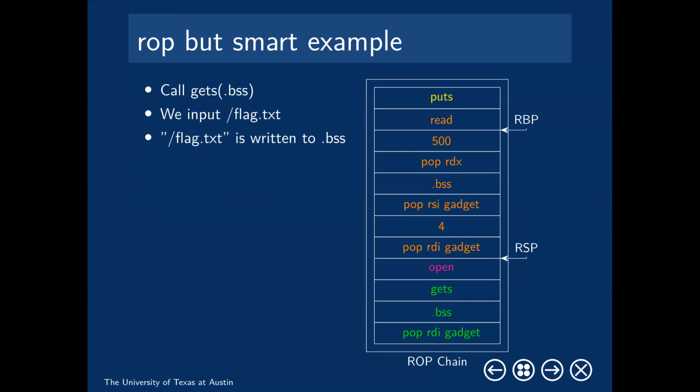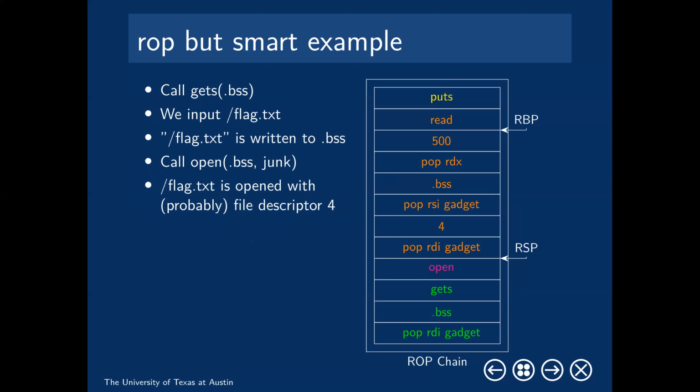So /flag.txt is written to .bss, and then the next step of our ROP chain is going to call open with .bss as the first argument and whatever junk is in RSI as the second argument. So what this is going to do is it's probably going to open the file /flag.txt with the file descriptor 4. So we just opened a file.